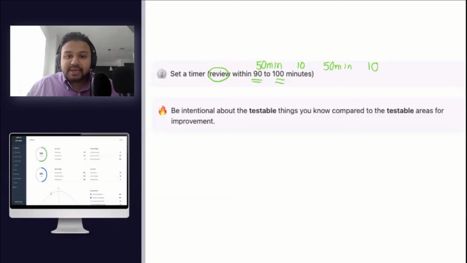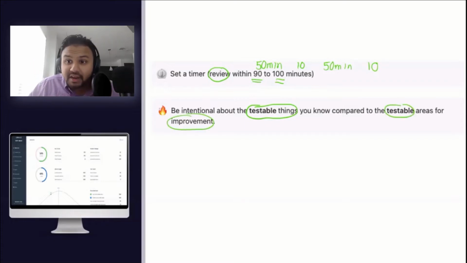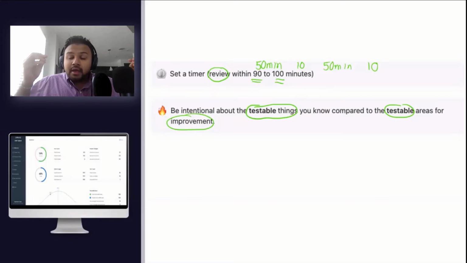The second concept is to be intentional about the testable things you know compared to the testable areas for improvement. So what does that mean? You don't need to necessarily keep focusing on the things you already know. The heart has 4 chambers. If I woke you up at 2 in the morning, you probably would know that fact.